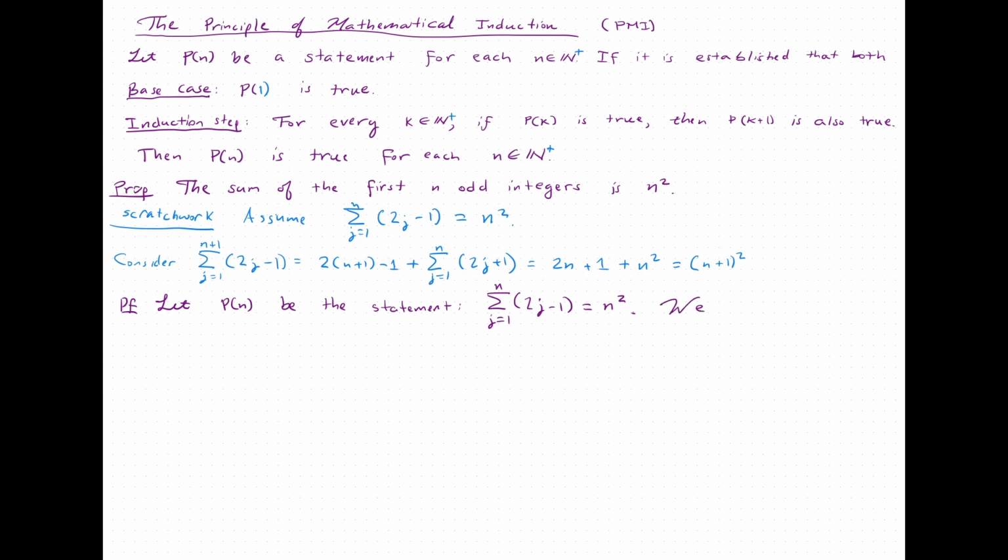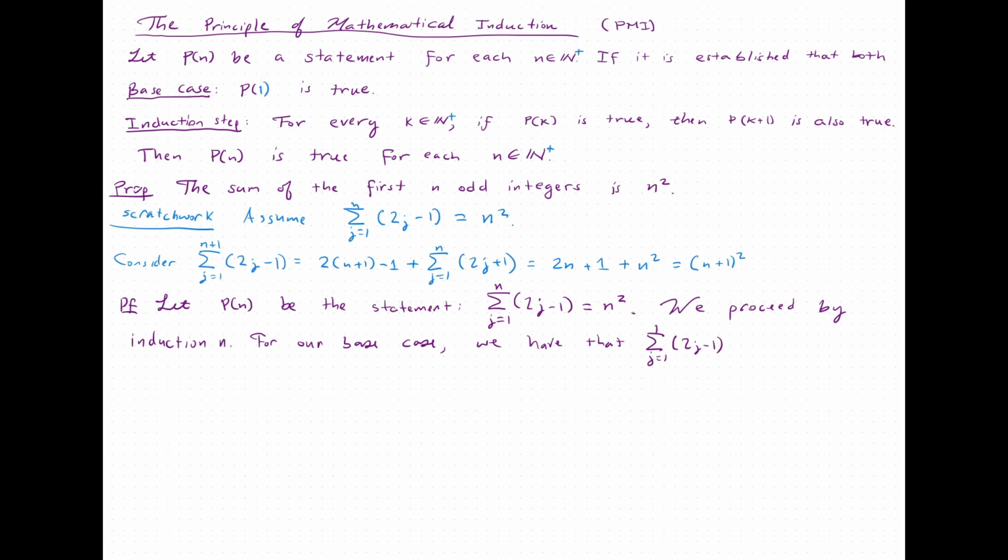So we proceed by induction on n. Now we're going to go ahead and do our base case. Our base case is going to be n equals 1. For our base case, we have that the sum, and technically we don't have to go ahead and do this.